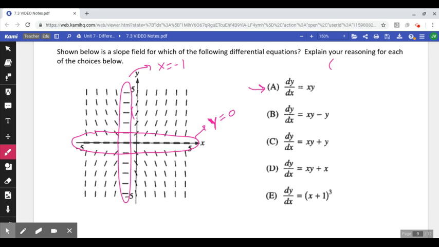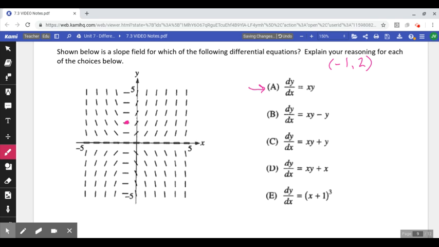Let's test, for instance, the point -1, 2. And we can see the point -1, 2 over here on the graph. So -1, 2 is this location right here, the point that we pointed out in magenta.